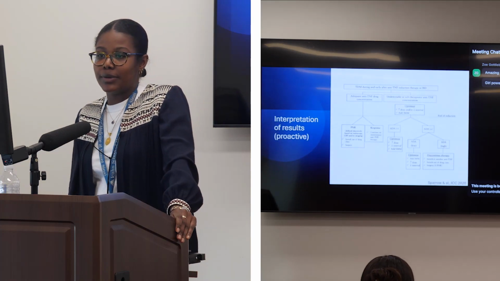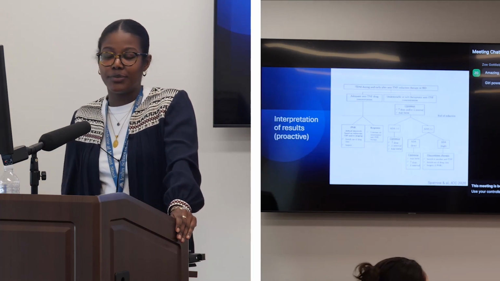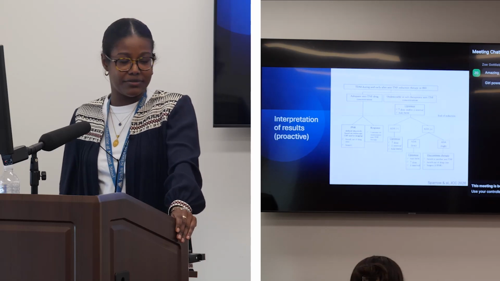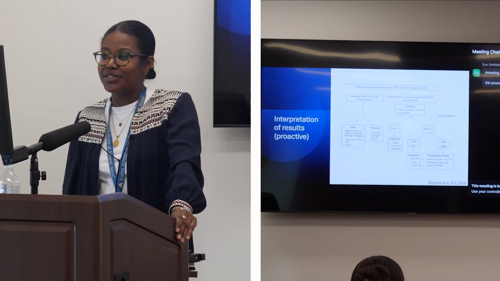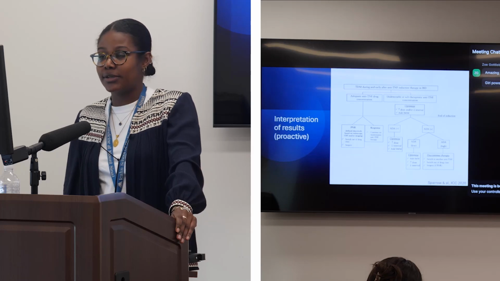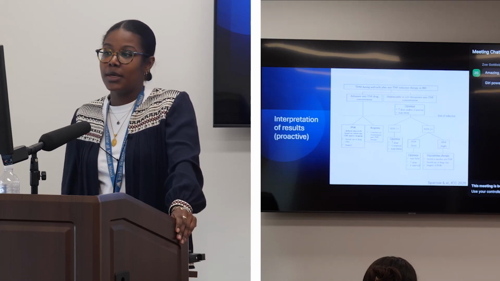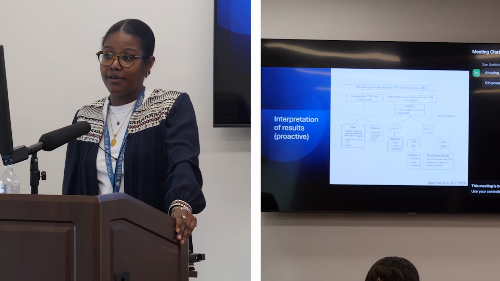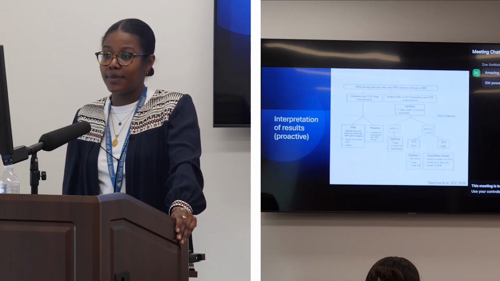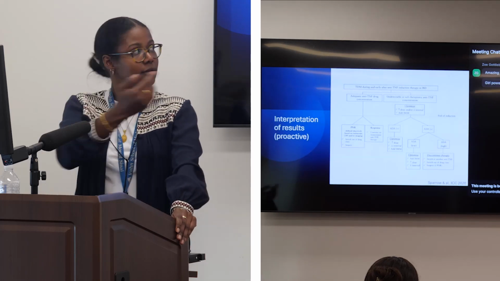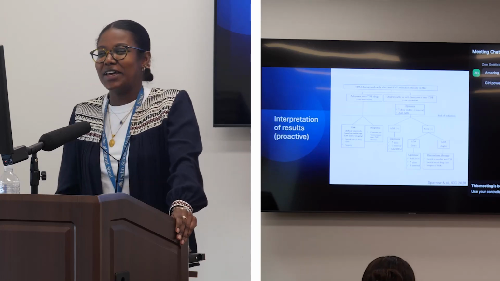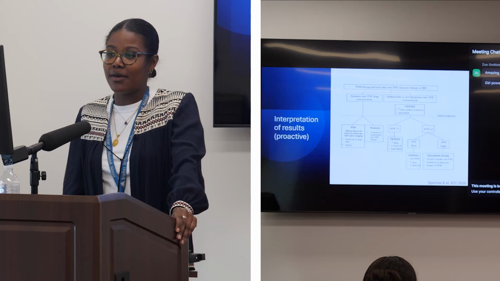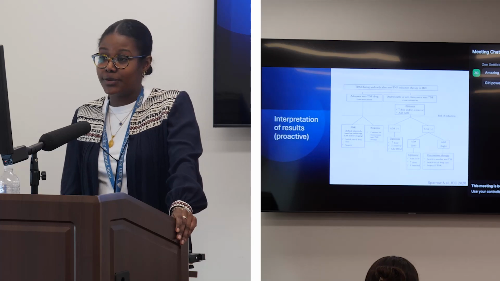So quickly here, we're looking at a graph on the interpretation of results in proactive TDM. When we talk about proactive TDM, it's usually when we measure drug concentrations during induction or remission. Looking at this, we start up here with TDM during or early after TNF induction therapy. Looking at the left, if we have adequate anti-TNF drug concentrations, we can have one of two scenarios.